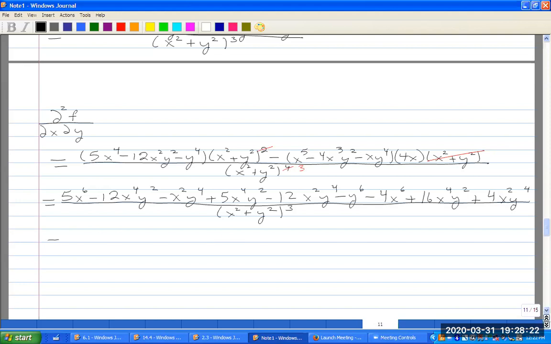okay, combine like terms. Five x to the 6, minus 12 plus 5 is minus 7, plus 16 is plus 9, x^4y^2. Minus x^2y^4, so that gives you minus another 12 is minus 13, plus 4 is minus 9, x^2y^4.